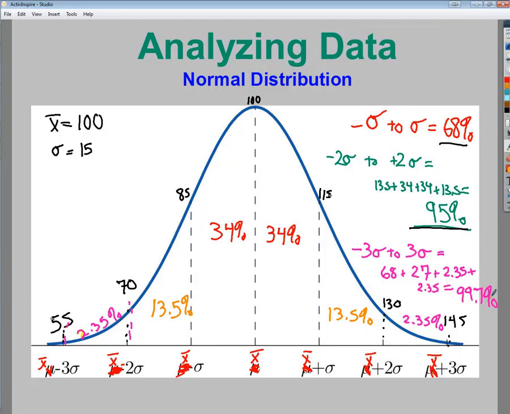So you can really start to get the idea of how closely packed the data is, in terms of what huge percentages it would be for 1 standard deviation out.